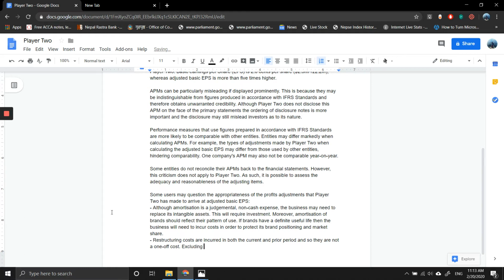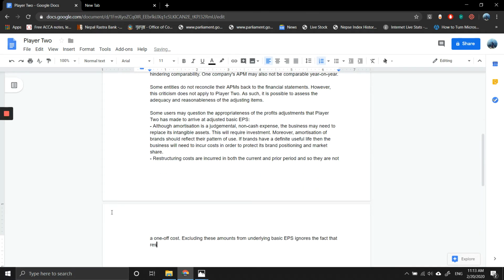Excluding these amounts from underlying basic EPS ignores the fact that restructuring is a regular part of Layer 2's business.